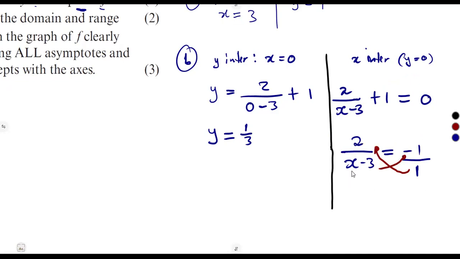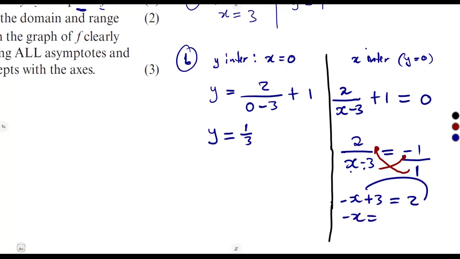So it's minus 1 times x, which is minus x. Minus 1 times minus 3, which is positive 3. Then 1 times 2, which is 2. So you can solve for x, guys, the way that you understand.